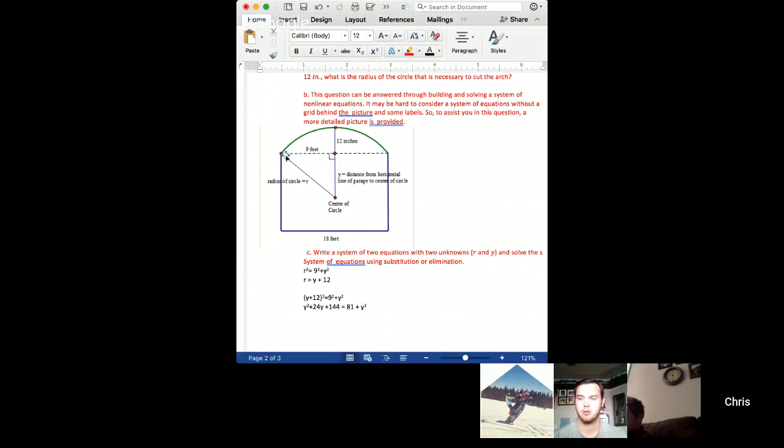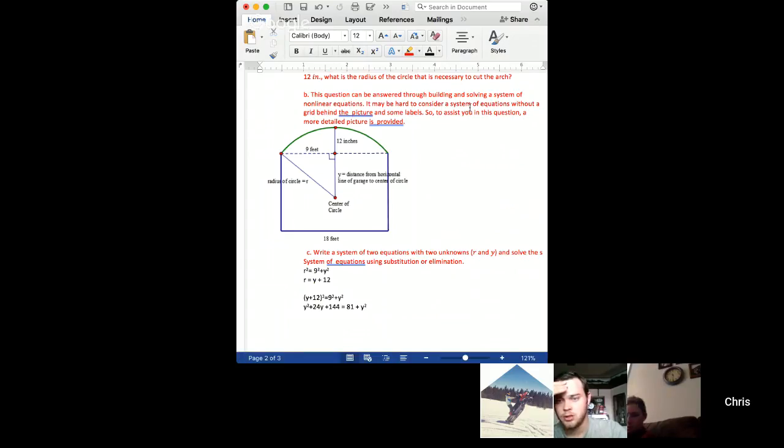Oh my gosh. So arc length equals 2 pi r times the central angle divided by 360.